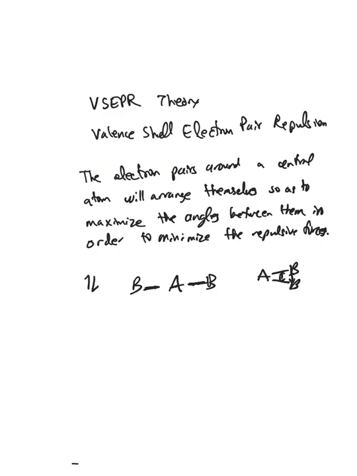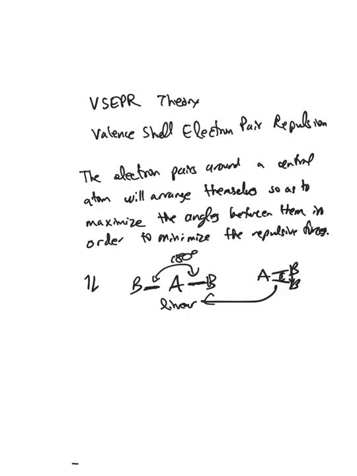They want to repel each other, so they would much rather arrange themselves in this arrangement, at 180 degrees, in this linear geometry and linear molecular shape. So these electron pairs want to arrange themselves to maximize the angles between them in order to minimize the repulsive forces. This is a very quick summary of what valence shell electron pair repulsion theory is.